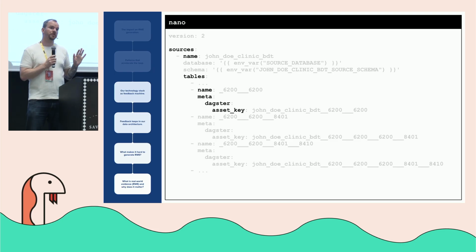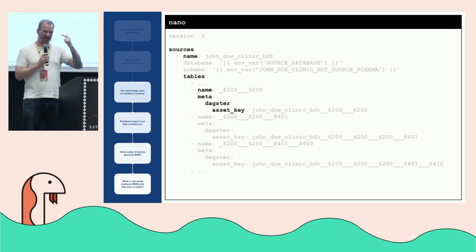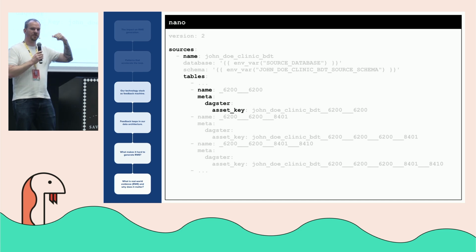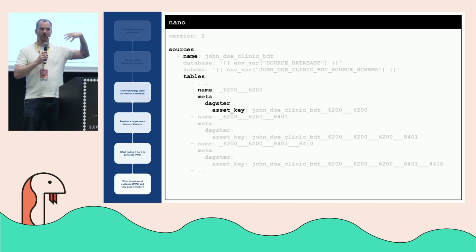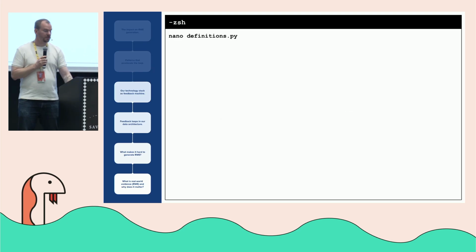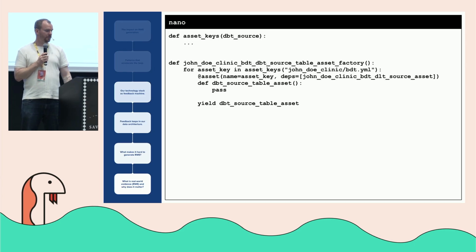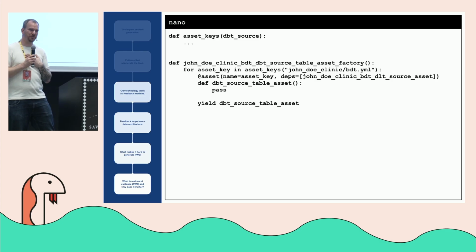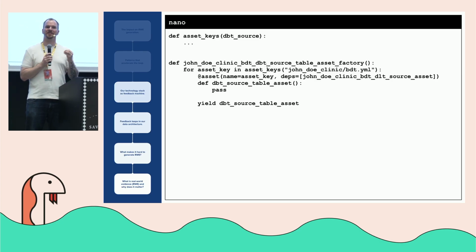What we also do is we have some meta attributes here. We specify some Dagster asset keys so that Dagster understands that those tables should be treated as assets, so that you can run the whole pipeline via Dagster. Else, Dagster would not know about them. So with that in place, I would like to not do that, but there is no magic. You still need to declare those dbt sources as Dagster keys.